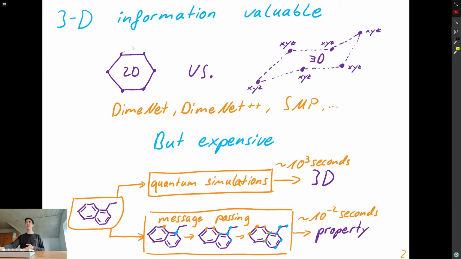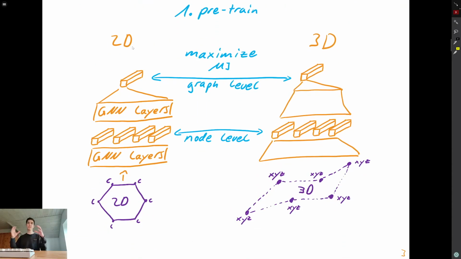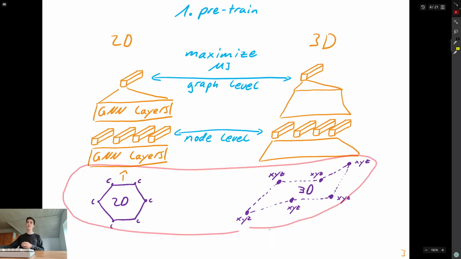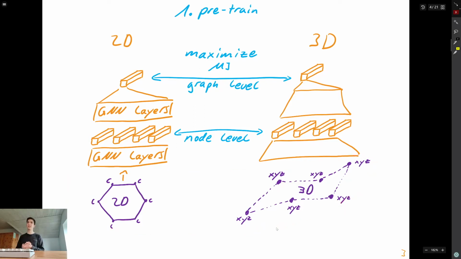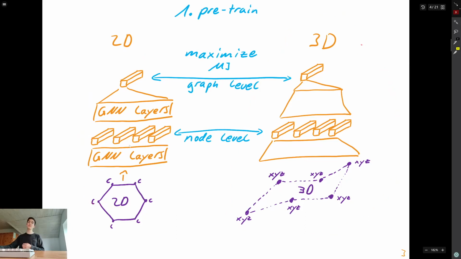The way we want to do that is that we leverage the small subset of molecules for which we do have the 3D structure in a pre-training task. In this pre-training task, we have a 2D network and a 3D network, where the 2D network just takes the molecular graph and generates a 2D representation, and on the other side we generate a 3D representation.